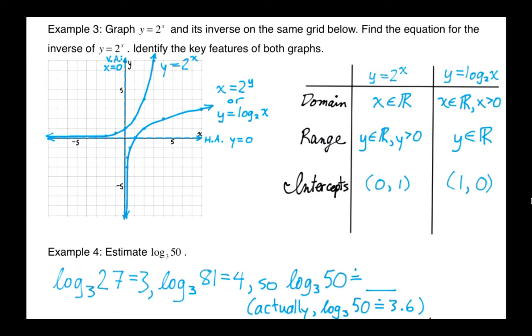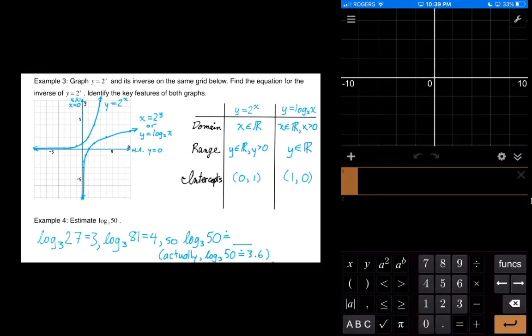So I'll give you one way that you can figure out when the exponential function works out to 50. I'm just going to bring up a calculator. All right, here we go.